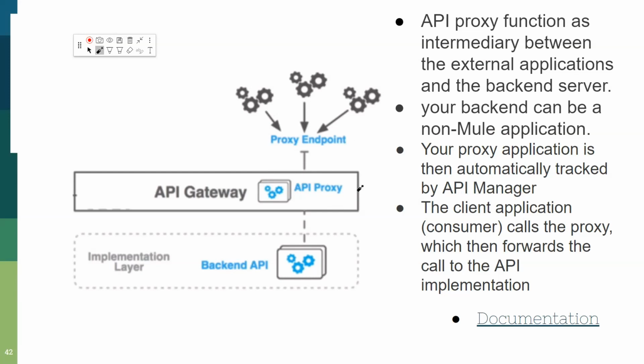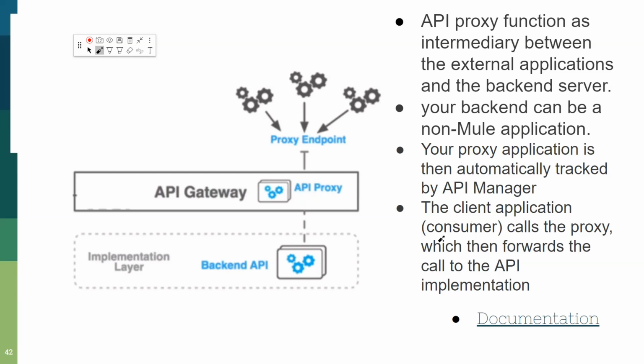If we don't have an API proxy, we use auto discovery. You remember, first we created an API in API Manager, and we added the ID, the client secret and the client ID for auto discovery. But when you have an API proxy, you don't need to add the ID. It does the auto discovery itself.